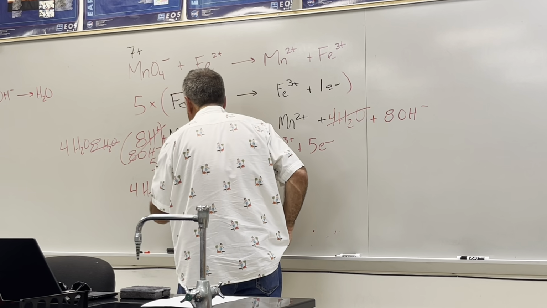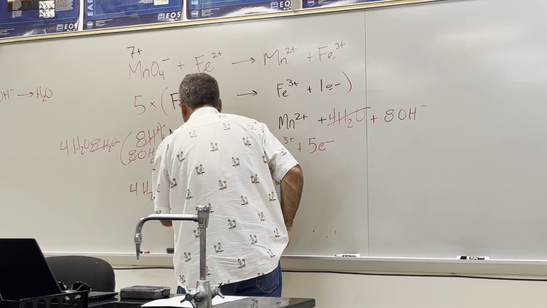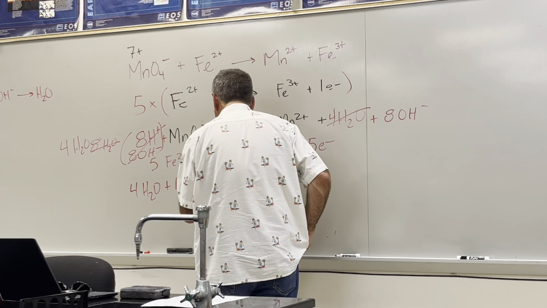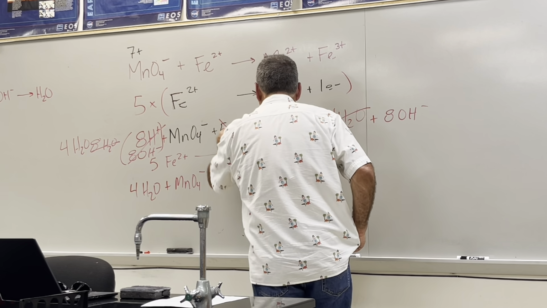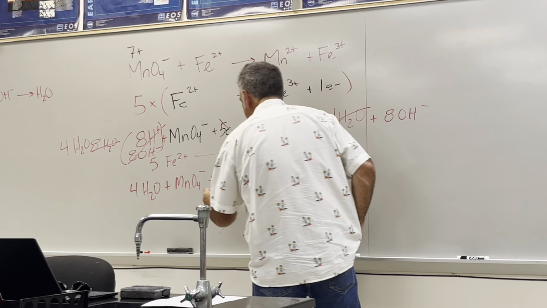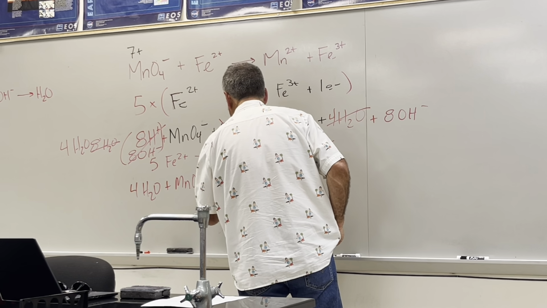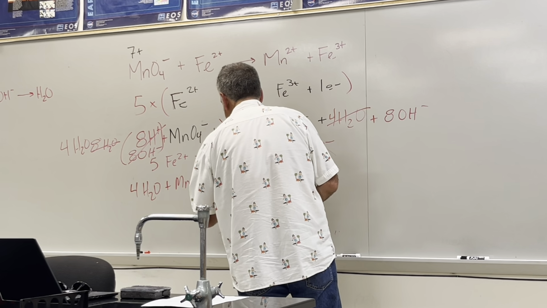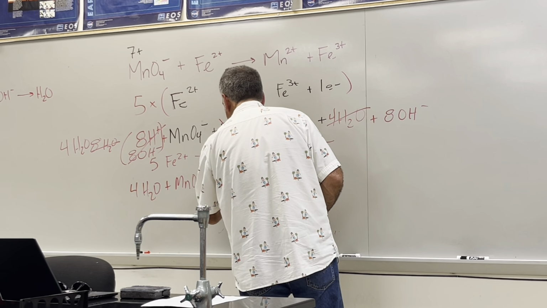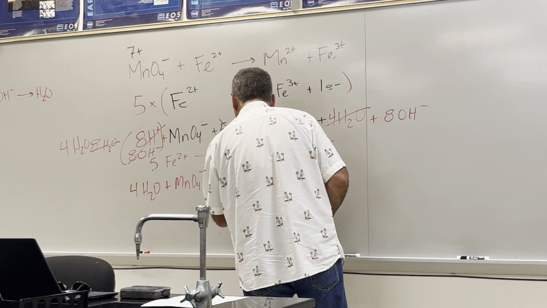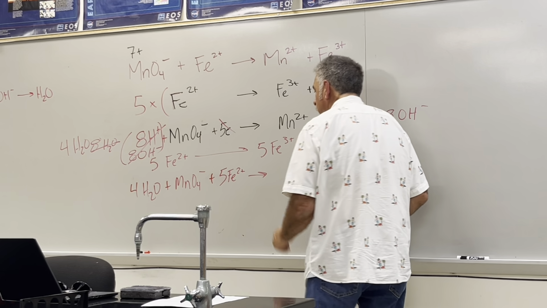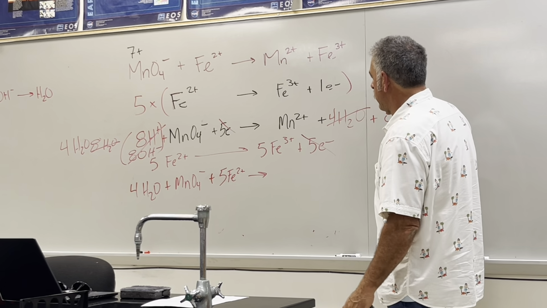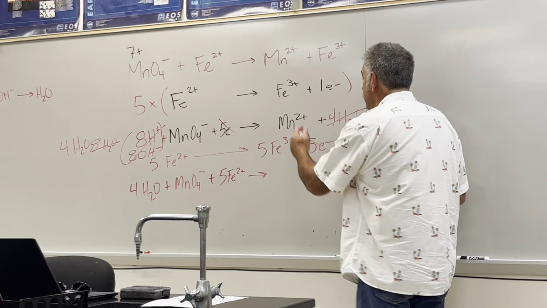Now we're just going to sum it up. Plus MnO4-, plus, no electrons. Oh, but there's one more thing. And use your fingers because you're like a child. 5 Fe2+. Now where are we? Oh, right, other side.